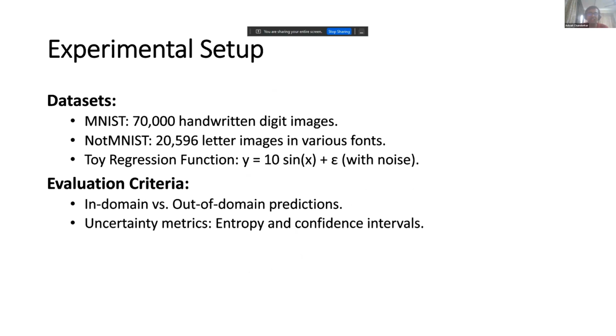And for regression, we took a toy regression function of 10 sin x plus epsilon, epsilon being the noise. For training it, we sampled between -3 and 3, and we inferenced it on the region outside -3 and 3, that is 3 to infinity on the positive side, and -3 to negative infinity on the negative side.